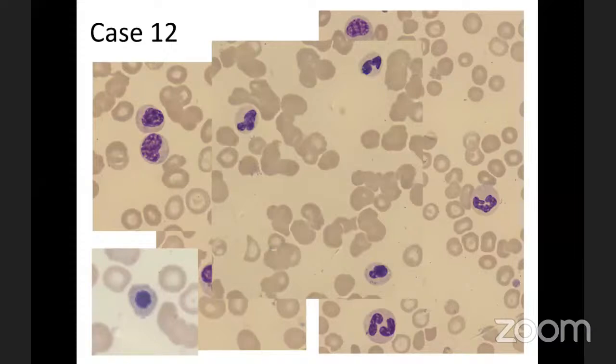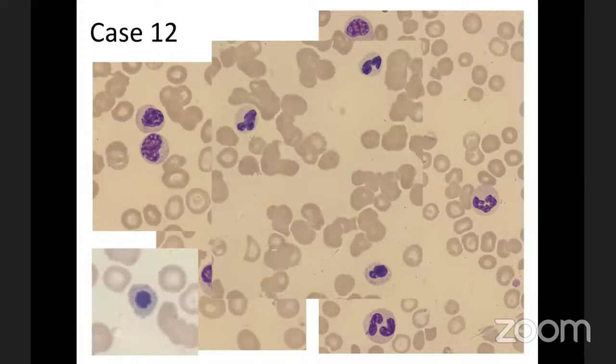In this case, the flow cytometry will add nothing, since you don't have circulating immature cells or blasts. So you need to go and do your bone marrow to check for other cell lineages, the dysplasia in the erythropoiesis, the dysplasia in the megakaryopoiesis, and also the cellularity, presence of other abnormality like fibrosis.